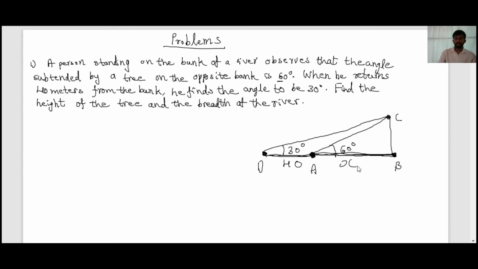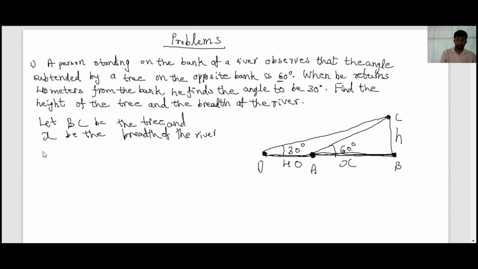Take it as X. Here I'll write, let BC be the tree and X be the breadth of the river. And for our reference, take the height of the tree, that is BC is equal to H. Let H be the height of the tree.